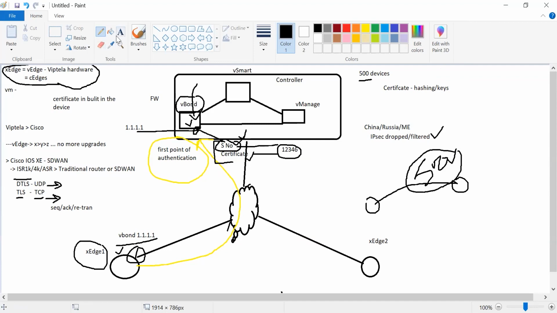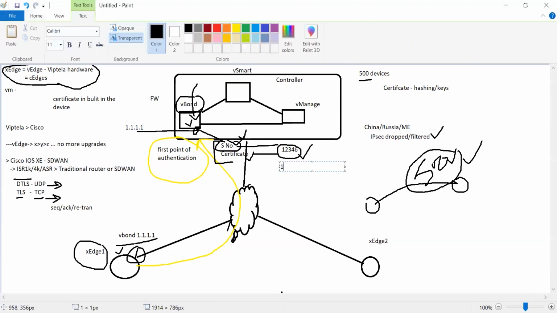So to overcome similar things, what Cisco or Viptela did is create a port hopping mechanism. Let's suppose the tunnel did not come up on port number 12346, it would port hop by 20. Next time it would try to build the tunnel on this port number.